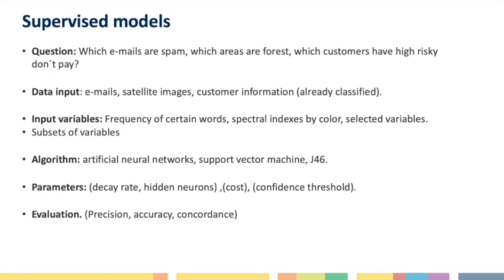After that, we have to process that information in order to transform those data sets into information that can be analyzed. For example, emails have to go through a process to identify if there are some words that come up very often or characteristics of the words.